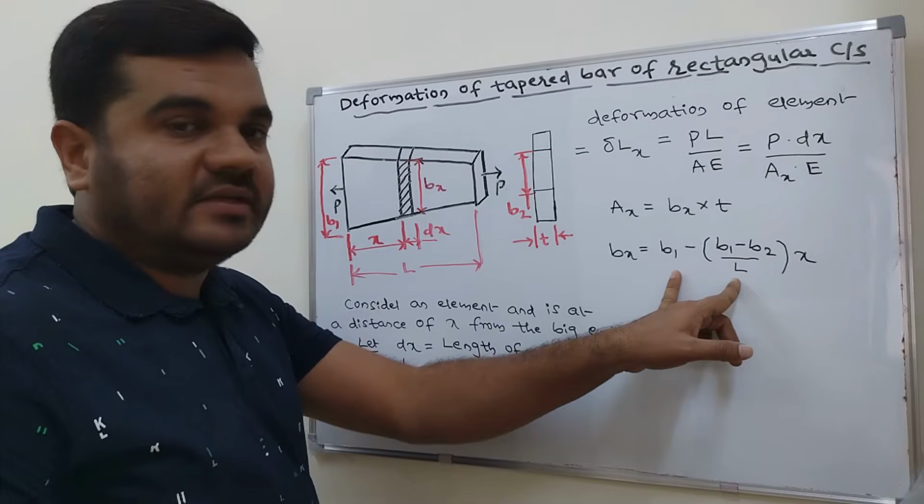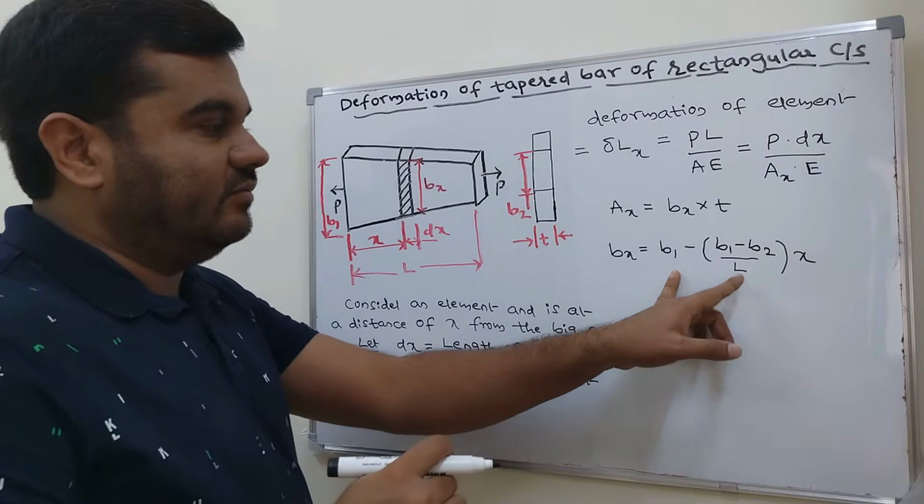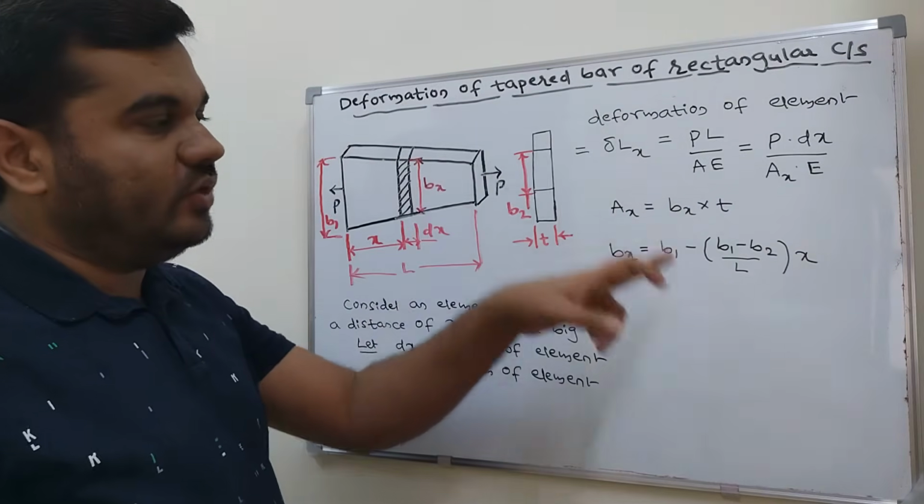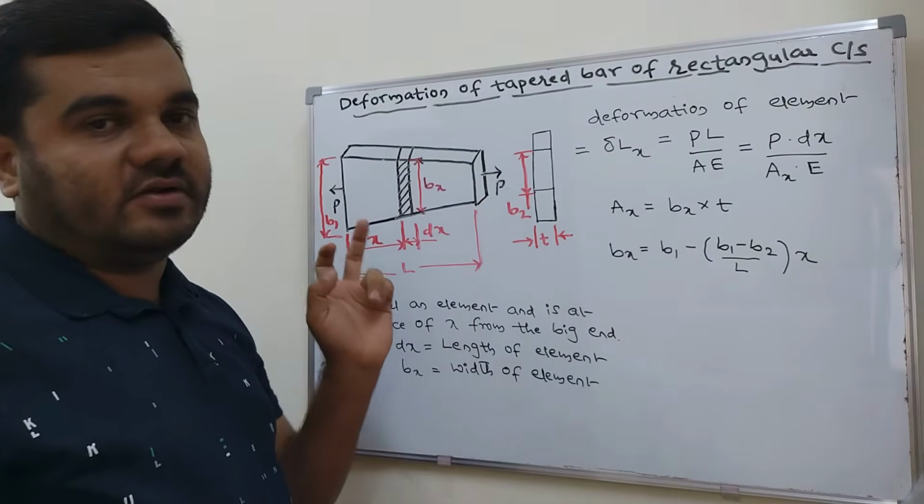We already explained this in the previous derivation, while solving the deformation of a tapered bar of round cross section. The same you need to apply here with the rectangular cross section.